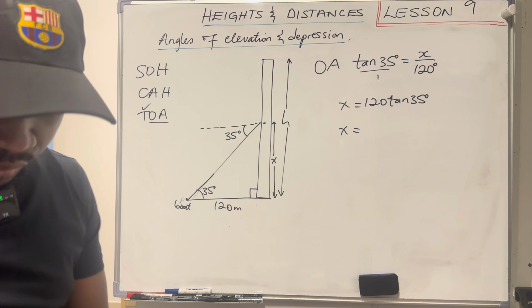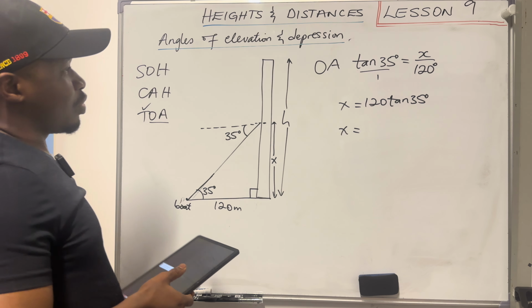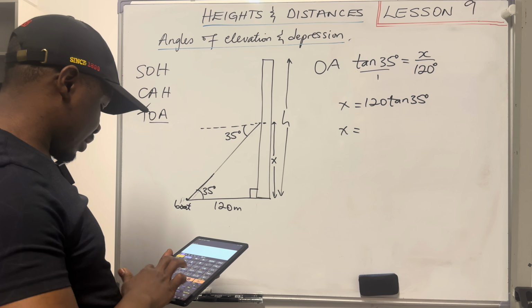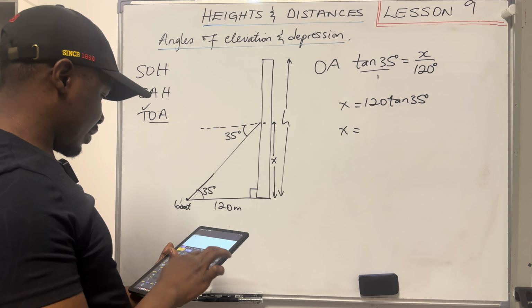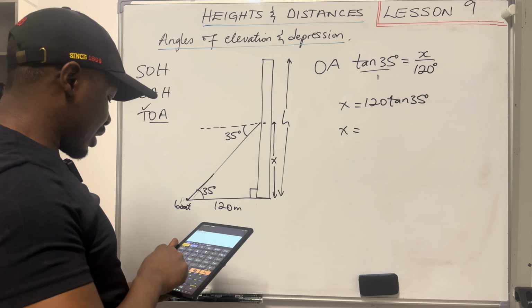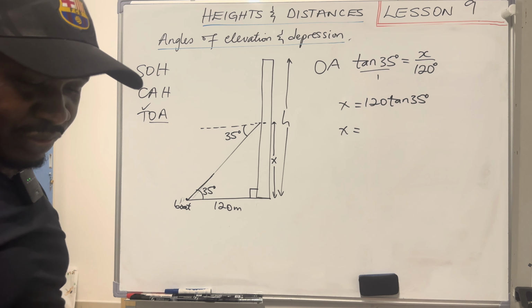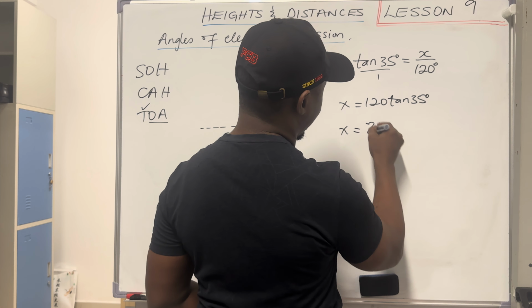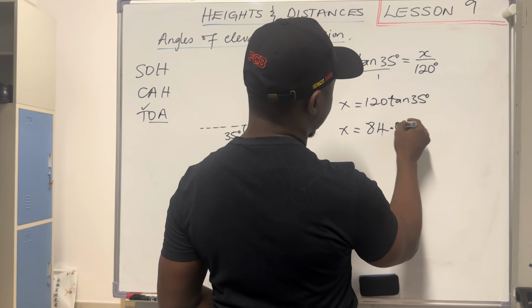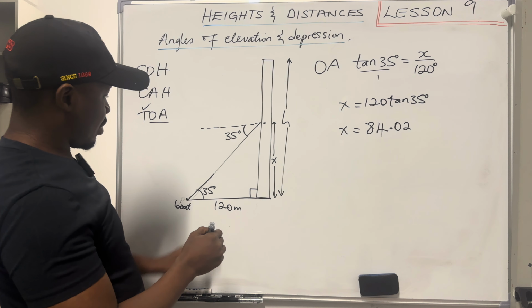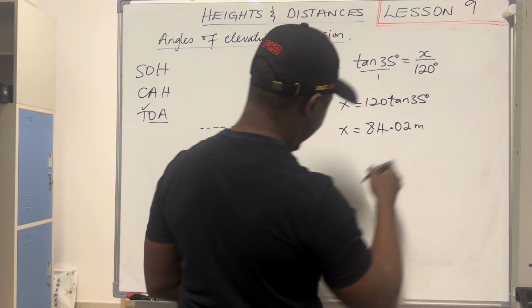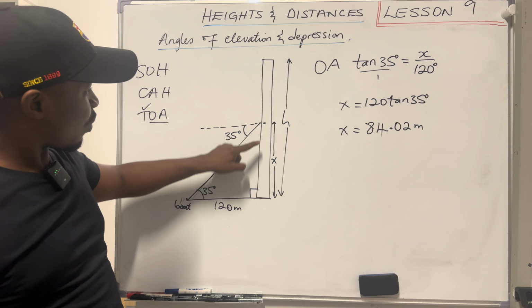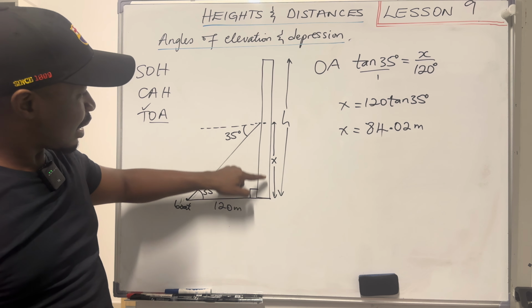So let's see what we have. 120 tan 35 degrees is 84.02 meters. Okay. But this 84.02 meters is only for this length here.